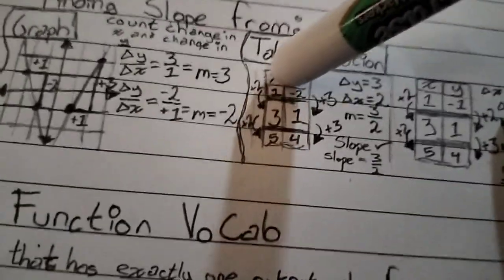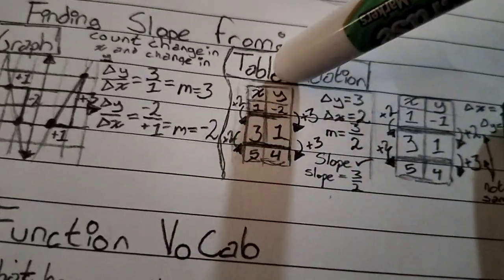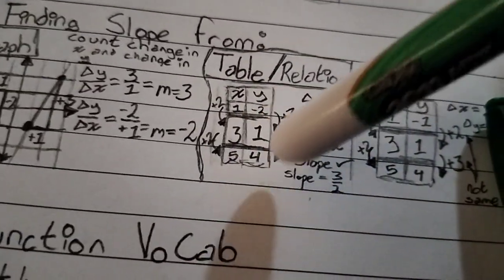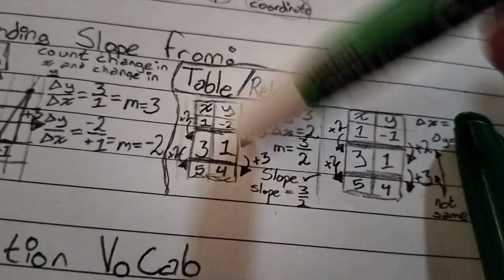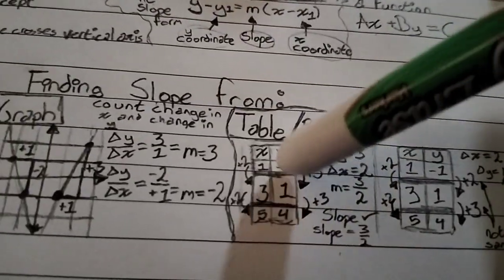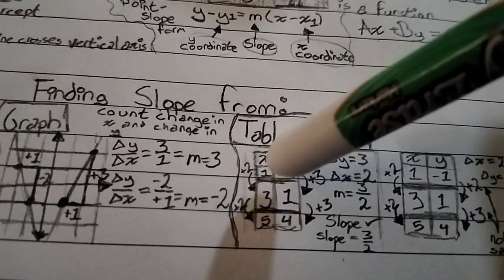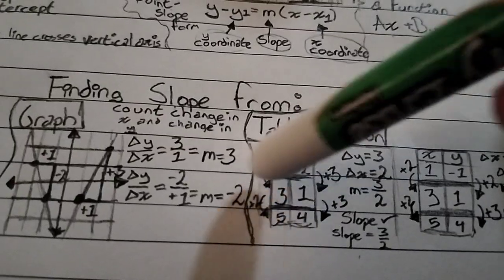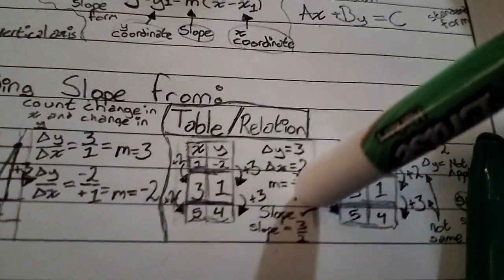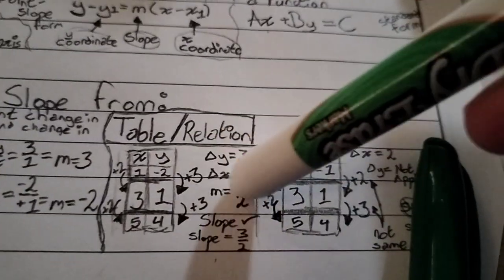So you're going to find a change in x from here to here, a change in y from here to here. So you already have the changes, so you're just going to put them in the equation. Right here, y changes from -2 to 1, so that's +3, and x goes from 1 to 3, +2. So you go 2, 3, got the slope, 3/2.